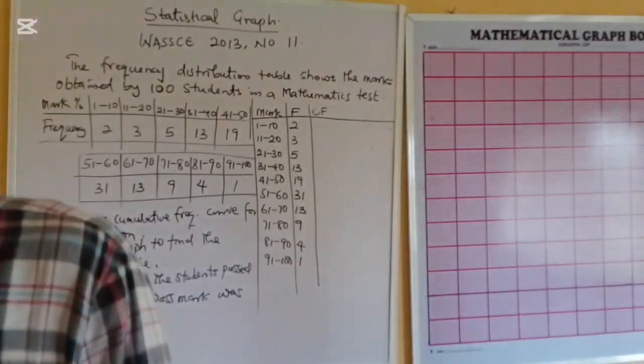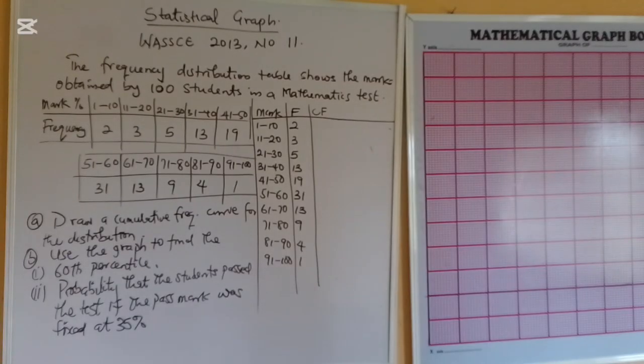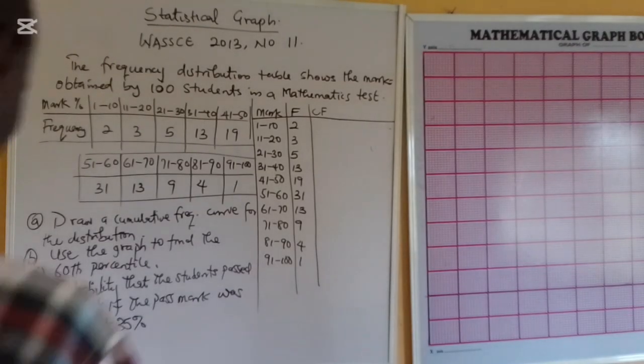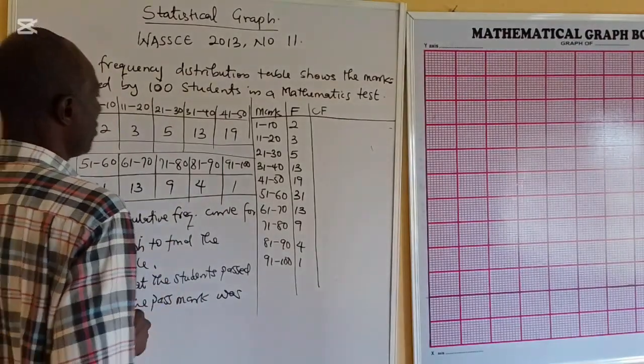Now, cumulative frequency is the addition of the frequencies.